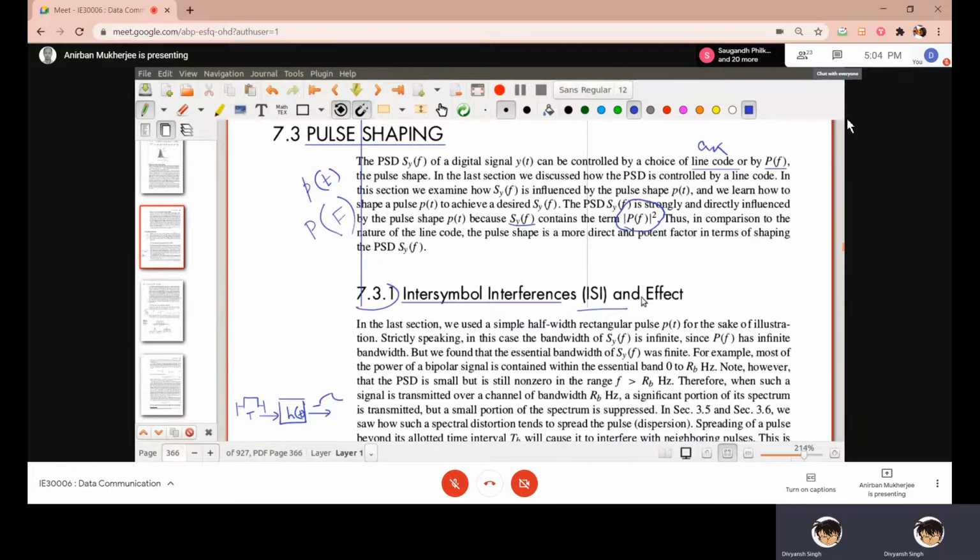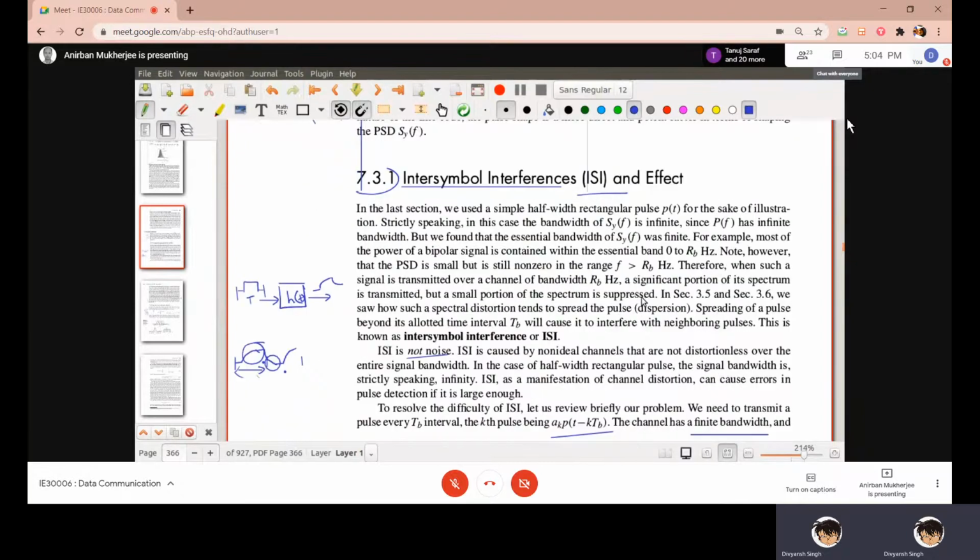Due to the finite bandwidth, the symbols that you send are smeared at the receiver side, and the smearing fills the symbol duration, say TB, and finally it corrupts the detection of the next symbol. Please remember that ISI is not the noise that we discussed.